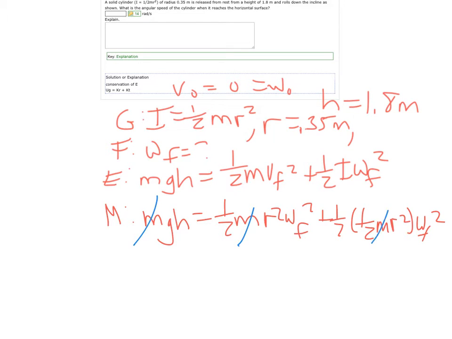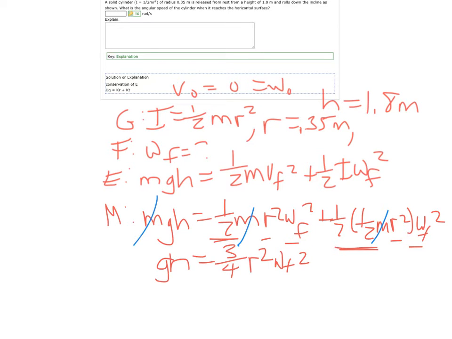Boom, boom, boom. You couldn't get rid of the r. I had a couple people do weird things with the r. But you end up basically here with gh is equal to 3/4 r squared omega F squared, right? Because you had a half here and a fourth here, so that's 3/4.